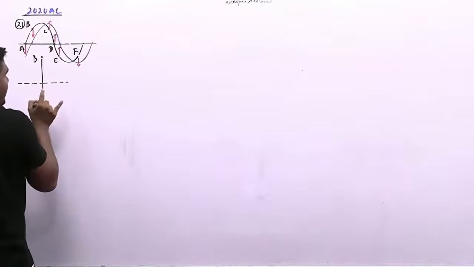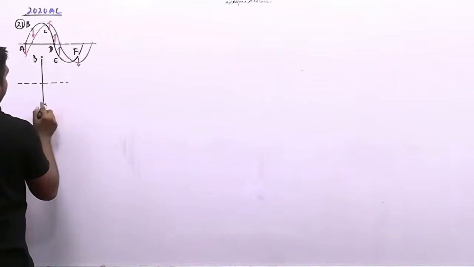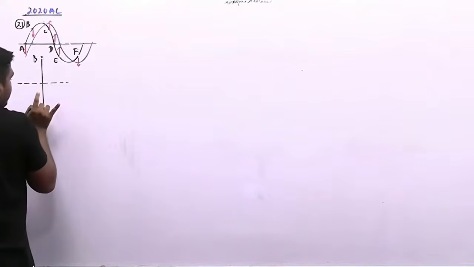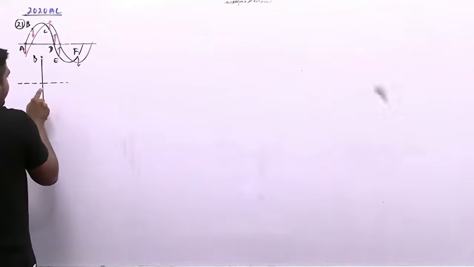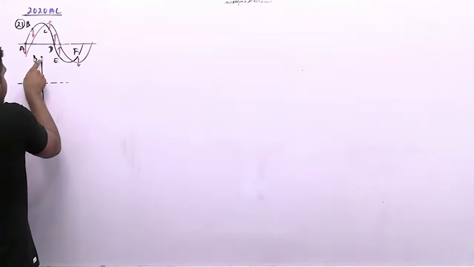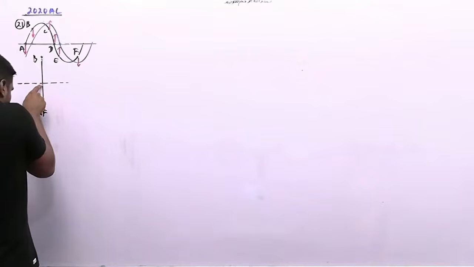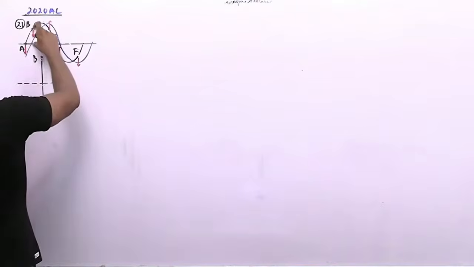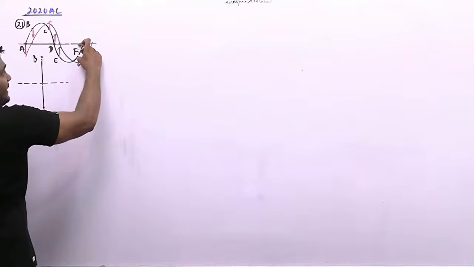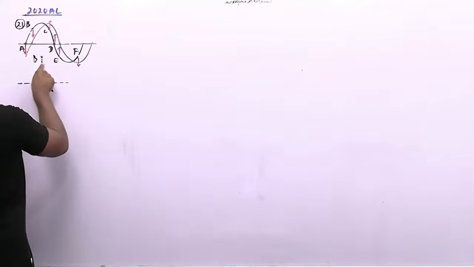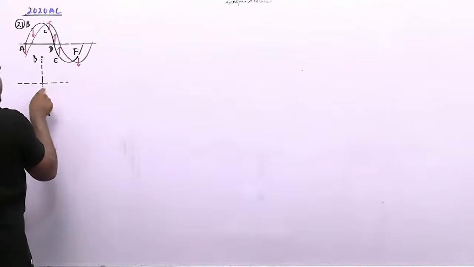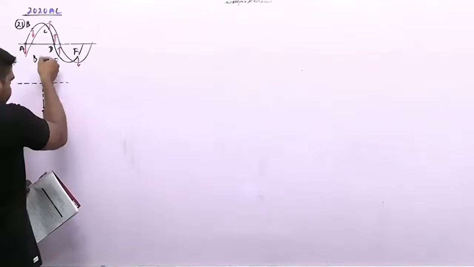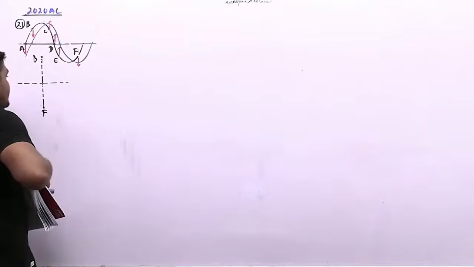When you carefully check particle F and particle B, the displacement magnitude from the equilibrium point to particle B and the displacement from the equilibrium point to particle F are the same. This gap and this gap are the same. In simple harmonic motion, you all know that at the same displacements they will have the same velocity.